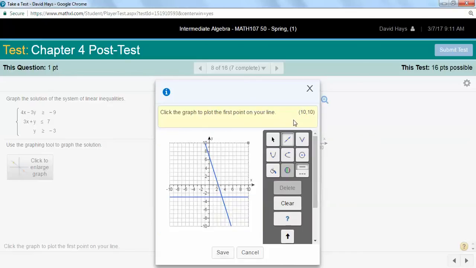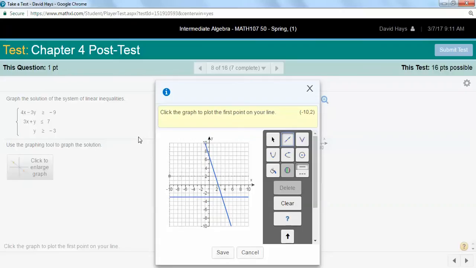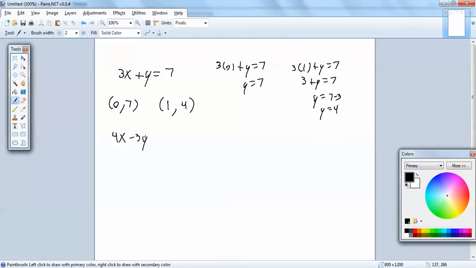Huh. Okay, well, let's try it anyway. 4x minus 3y equals negative 9.